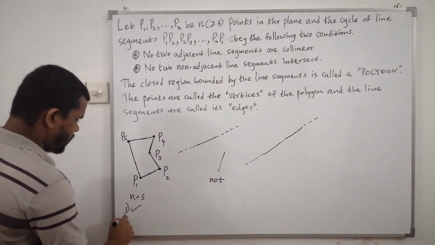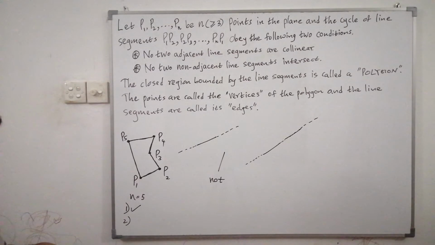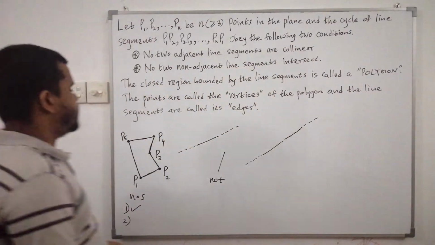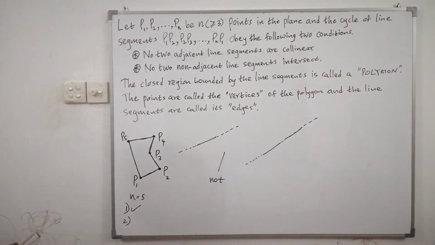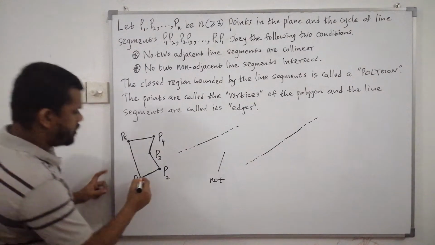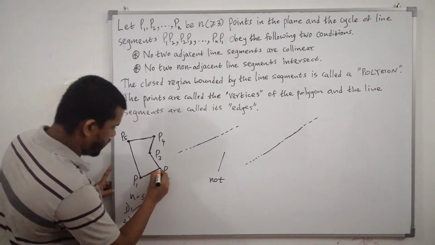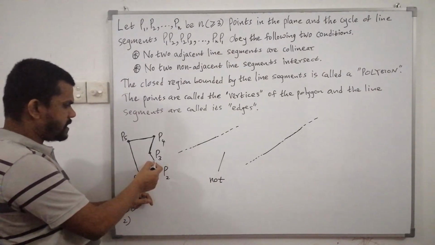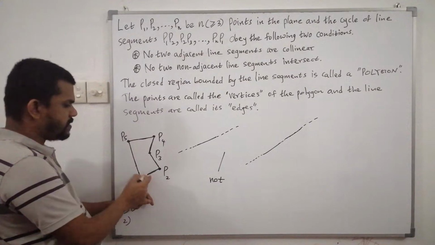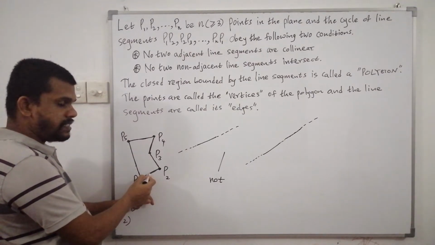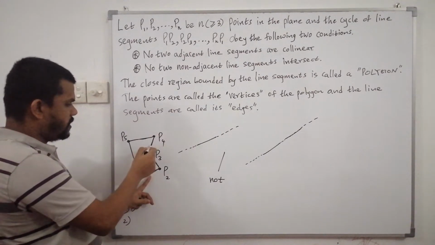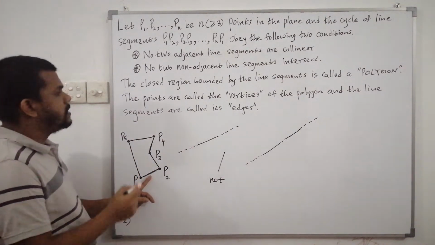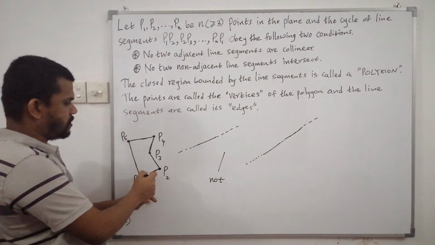Now let's look at the second condition. No two non-adjacent line segments intersect. Non-adjacent ones means if you consider this particular line segment, this one is adjacent and also this one is adjacent to it. So this one and this one are not adjacent and they must not intersect this one.